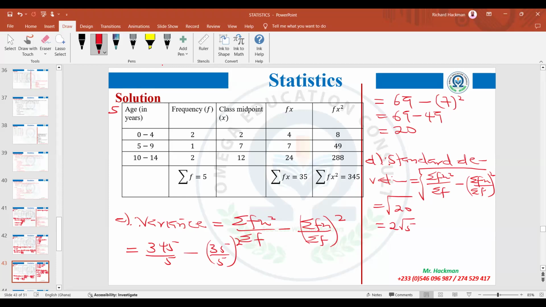So you get the decimal representation, but your first approximation should be 4 dp. So let's get the 4 dp approximation. I'm waiting. 4.4721.